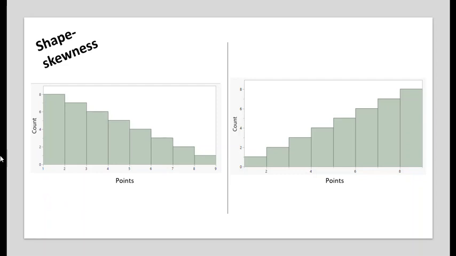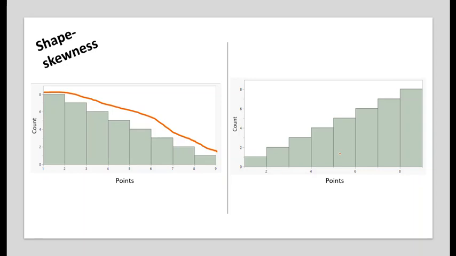So as you can see here, the frequency of the values from 1 to 2 is 8, from 2 to 3 is about 7, and so on and so forth. So as we head towards the positive side or larger values, the frequency tends to decrease. And this is called skewed right or right-tailed distribution because we have what resembles the shape of a tail right here.